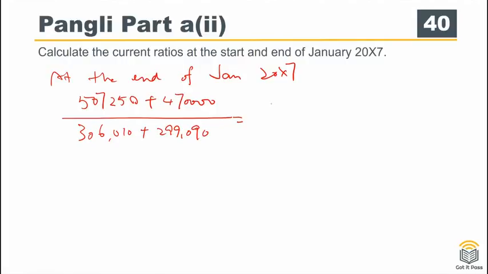So here you got 977,250 divided by 605,100. Then you got 1.632 times.